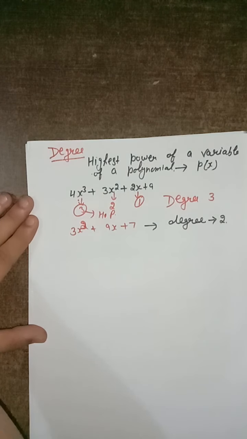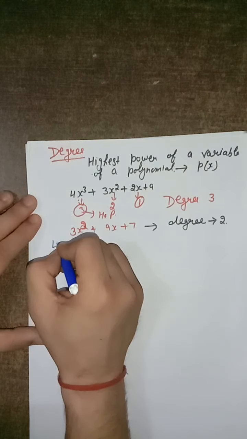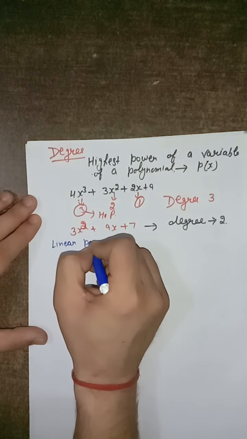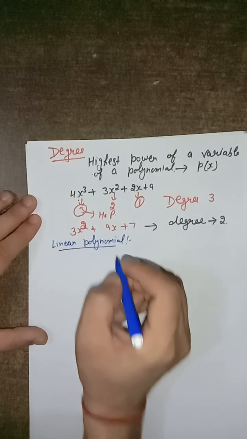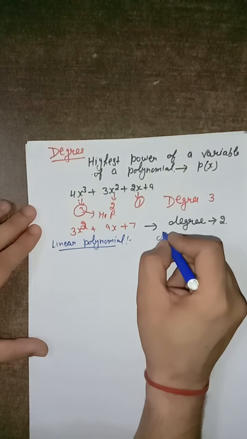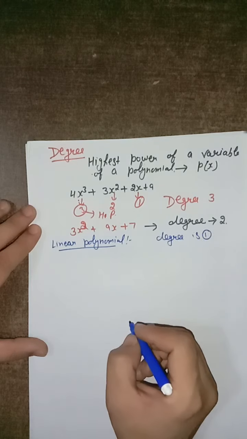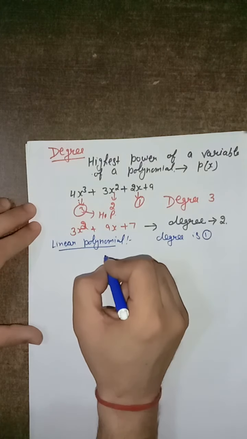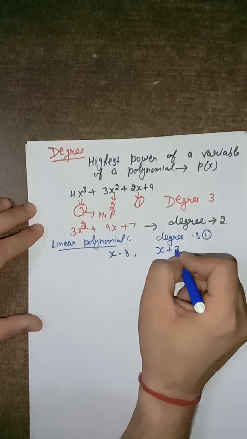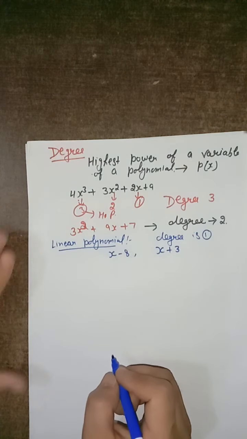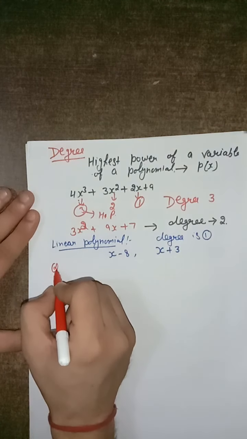Now linear polynomial. On the basis of degree, we divide polynomials. That polynomial whose degree is 1, means highest power is 1, is known as linear polynomial. Like x - 8, x + 3, all are linear polynomials. Now quadratic polynomial.